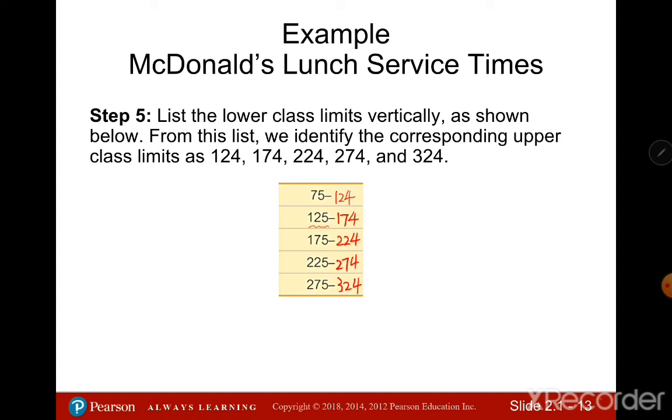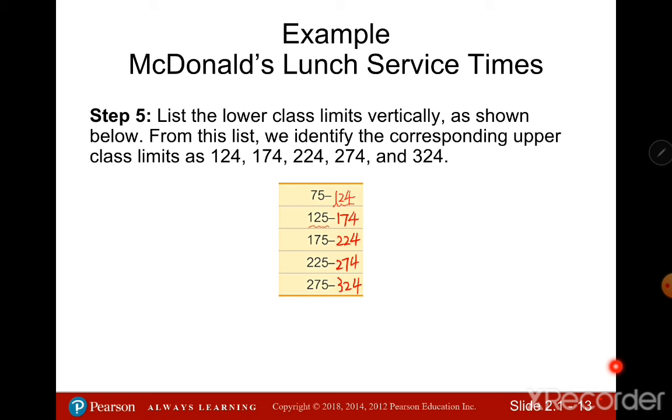Why can't we just use the same number for the upper limit and the next lower limit? Because if we have one value that is equal to 125, and these two are the same number, where should I put the value 125?